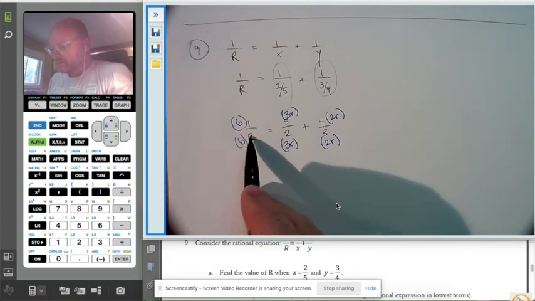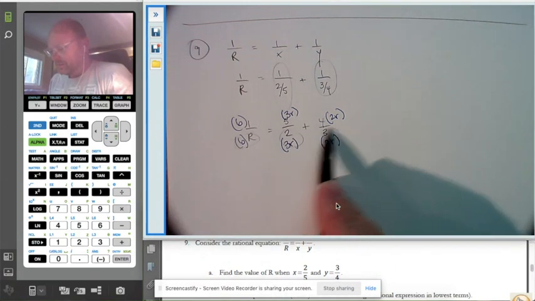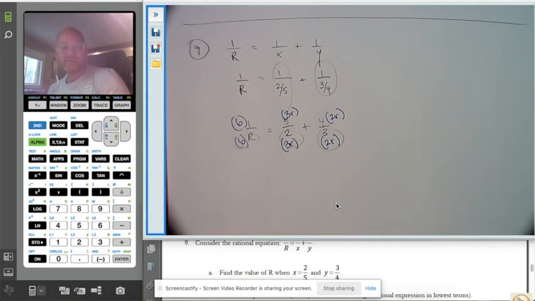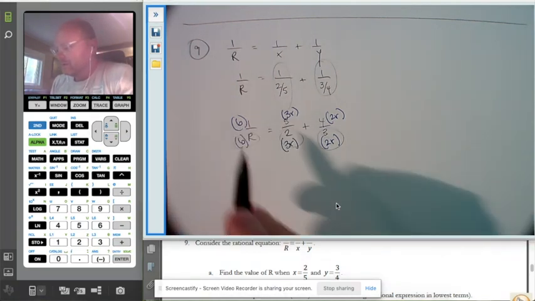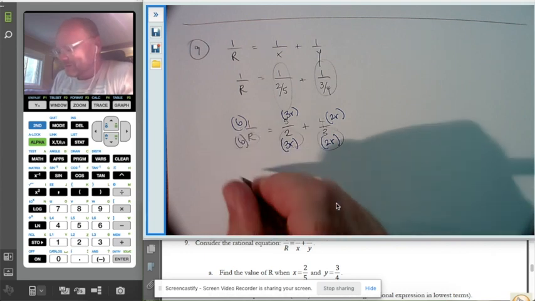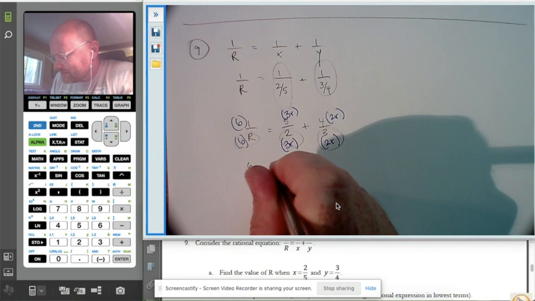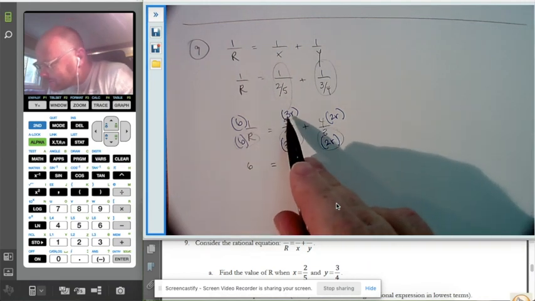Once you have 6r in every single denominator, 6r, 2 times 3, 6r, 3 times 2, 6r, then I can just multiply through by that common denominator, and I'm left with looking at the numerators. So 6 times 1, how do I make 6 equal 5 times 3r?